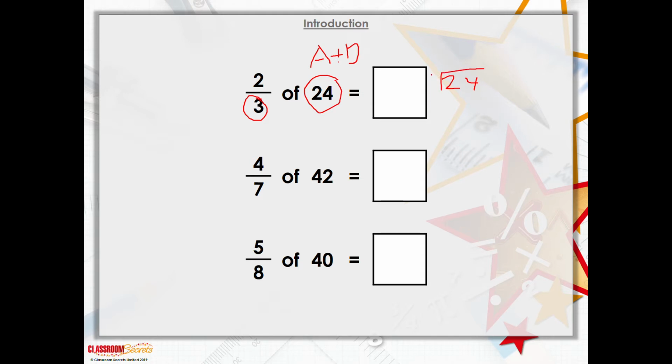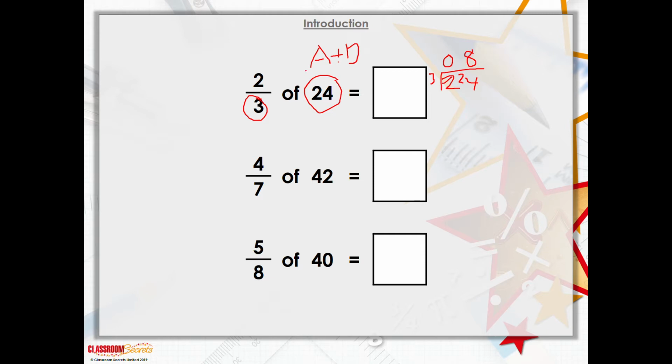I'm just going to use my short multiplication method. So I go 3's into 2 goes 0. I want to exchange those two 10's into my 1's. So I've 24 1's now. 3's into 24 go 8. So I found what 1/3 of 24 is.